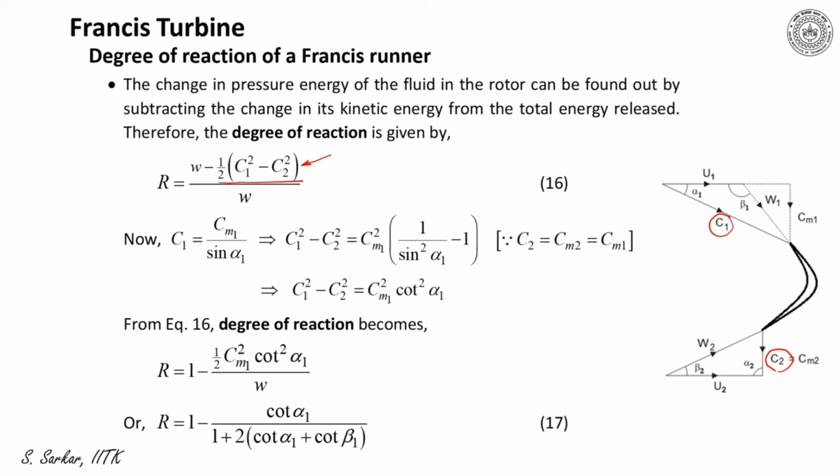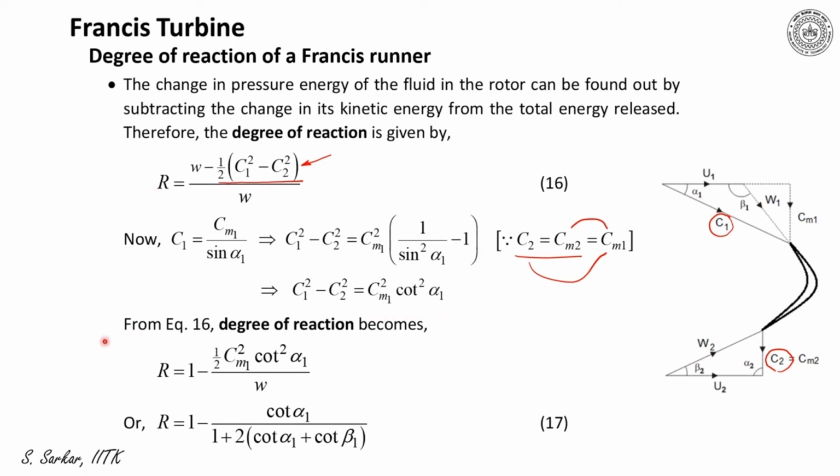Since one should appreciate that C2 is equal to Cm2 and Cm2 is equal to Cm1, thus I can say C2 is equal to Cm1. Thus, C1 squared minus C2 squared is represented as Cm1 squared into cot squared alpha 1.